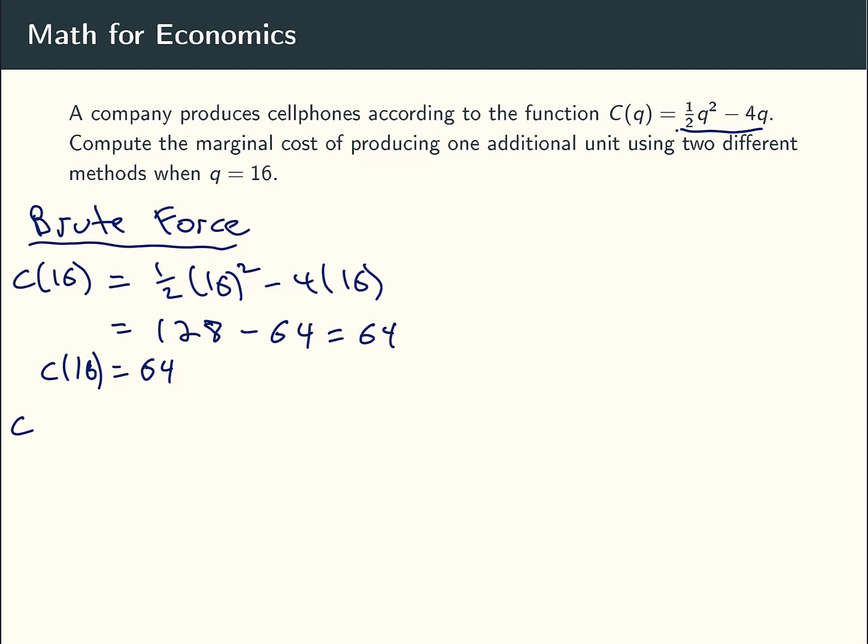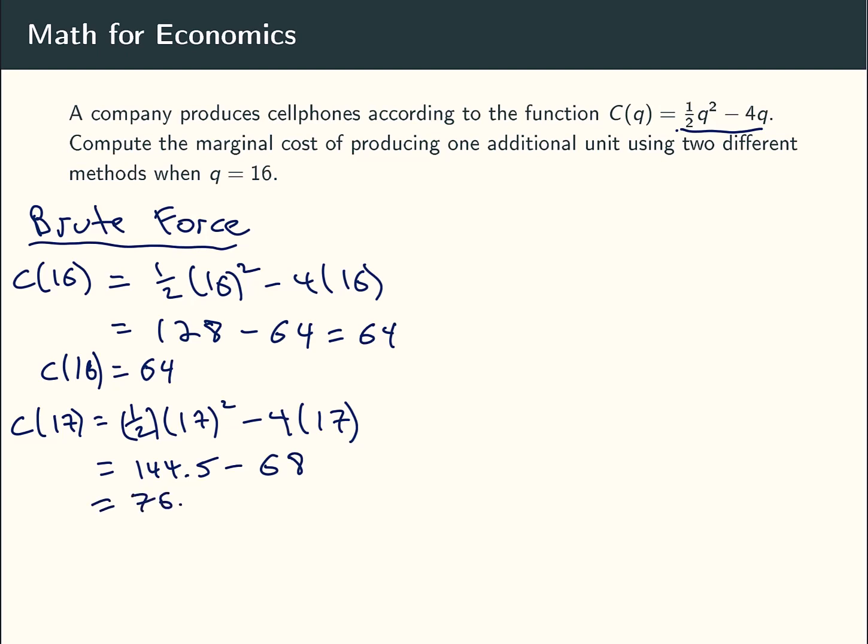What if they produce 17 units? Right, so if they produce 17 units, we're going to have 1/2 times 17 squared minus 4 times 17. So we have 144.5 minus 68. And the total cost is going to be $76.50.